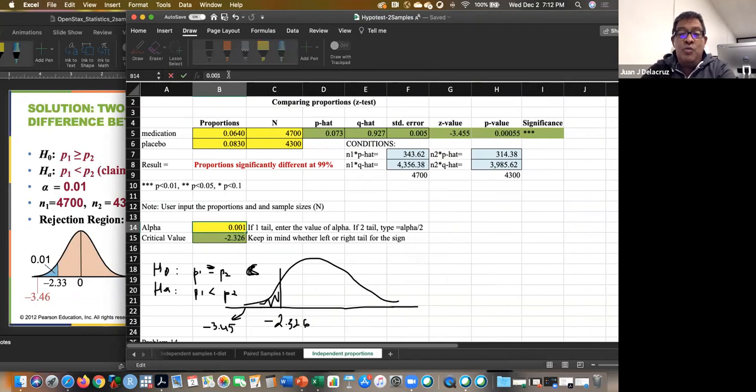So not the 1%, but the 0.1%. I will still be able to make it work. So my critical value is going to be 3.09, and still my Z score falls within the rejection region. So this is a very small level of significance.